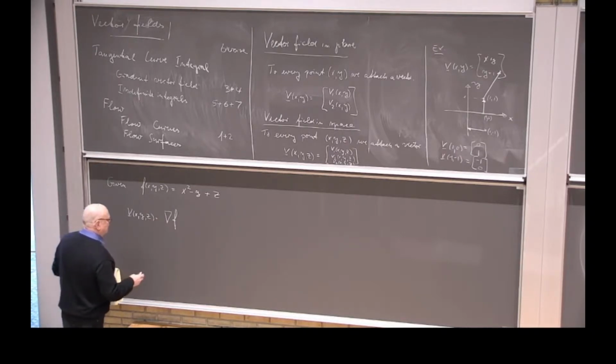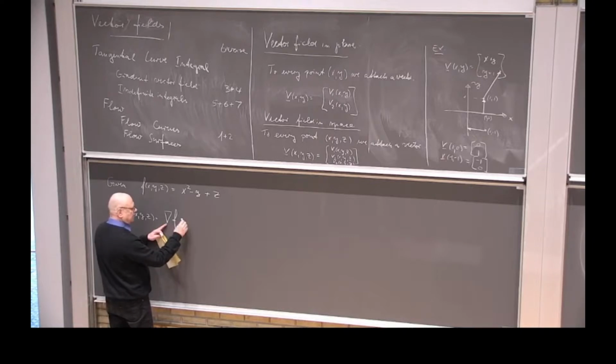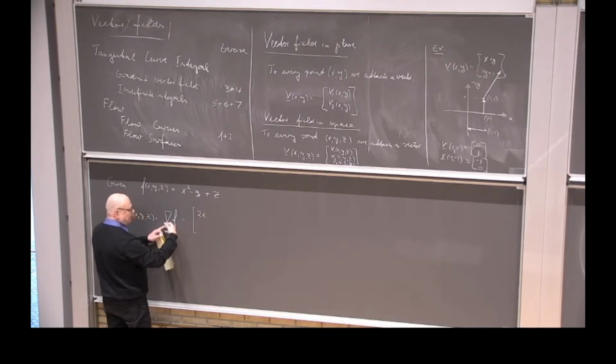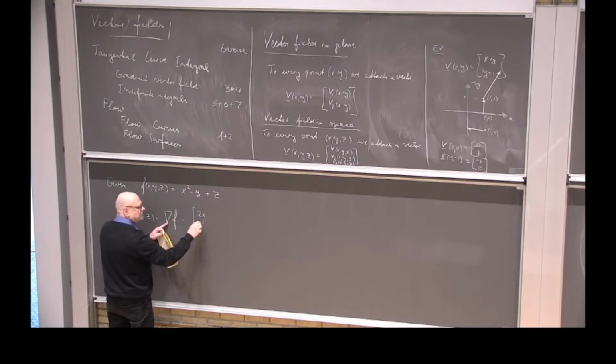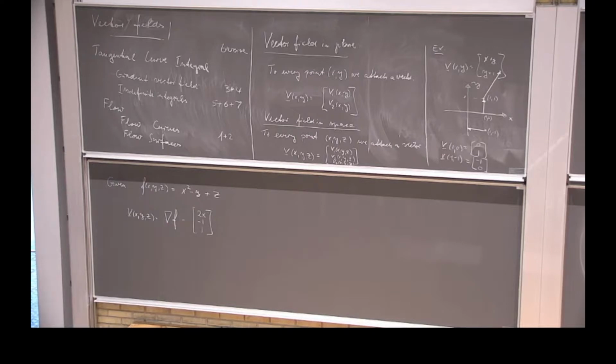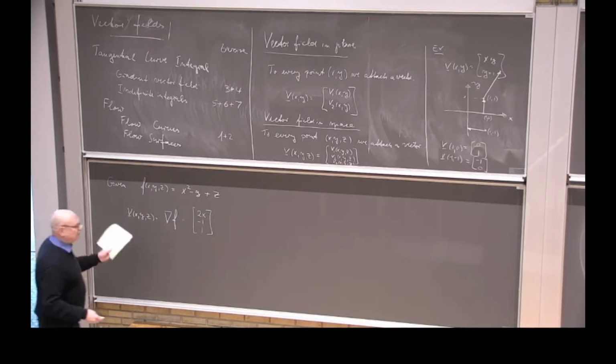The gradient of f is simply the derivatives in three directions, x, y, and z. So the first coordinate is the derivative of this function with respect to x. You get 2x, keeping the others constant. The derivative with respect to y becomes the second coordinate, and with respect to z, the third coordinate. So this is the gradient of this function.